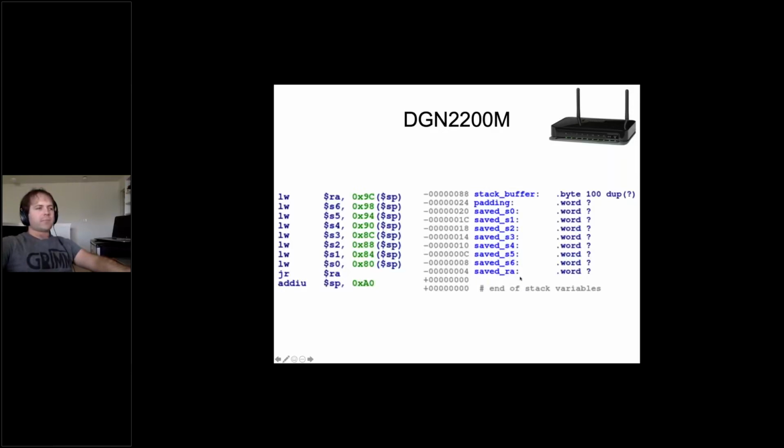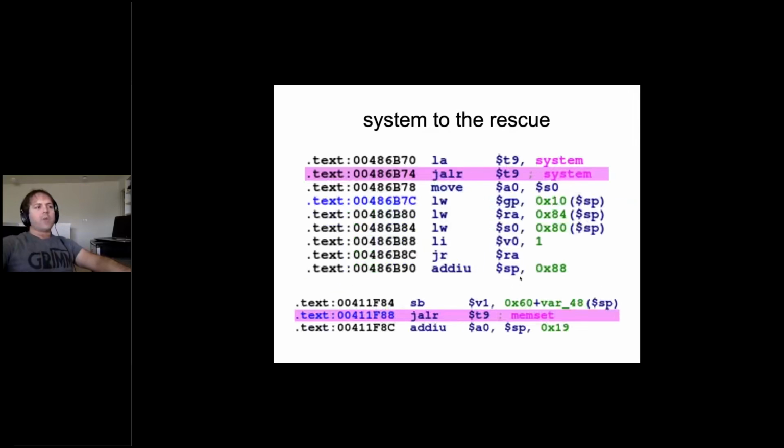The problem with this specific one is, unlike the WGR 614 that we just looked at, there is no call system with a stack buffer gadget in this firmware. And so we've got to manufacture our own. The way we'll do that is we'll call system, but it won't be called with a stack buffer.